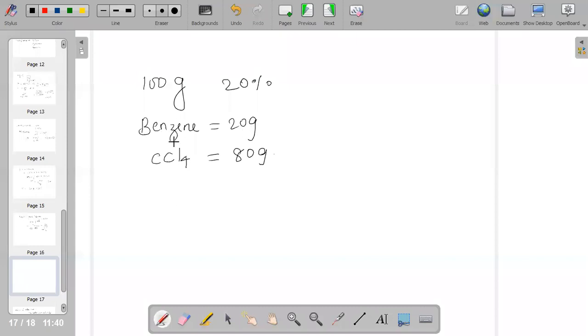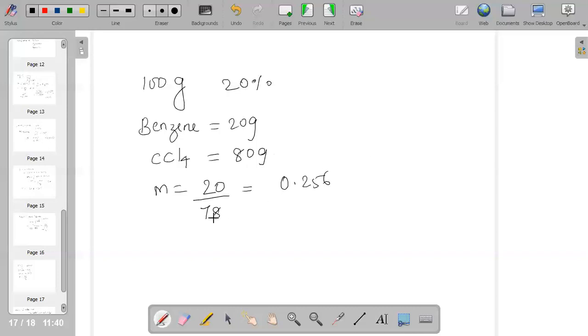But we need mole fraction, hence I need the moles. How will I calculate? Number of moles is equal to given mass by molar mass. Given mass is 20 and molar mass of benzene is around 78. So 20 by 78 is 0.256.